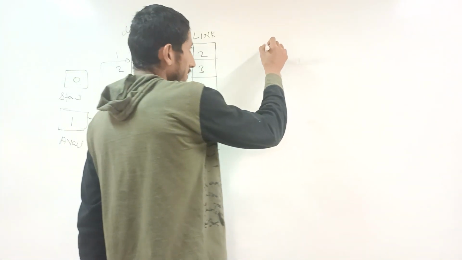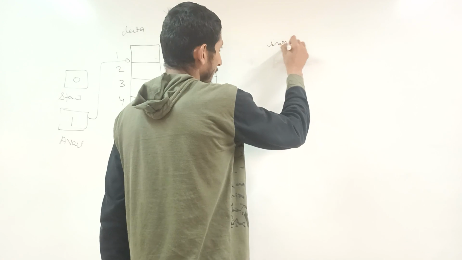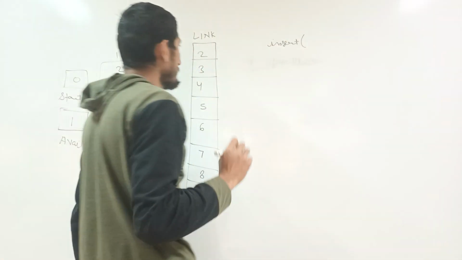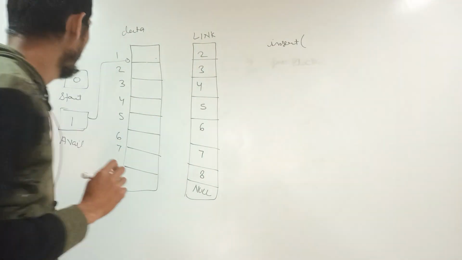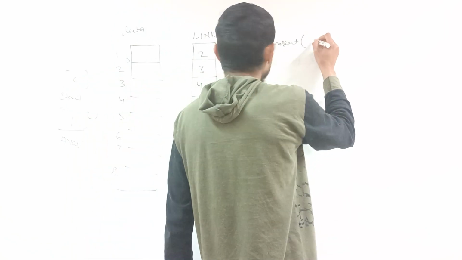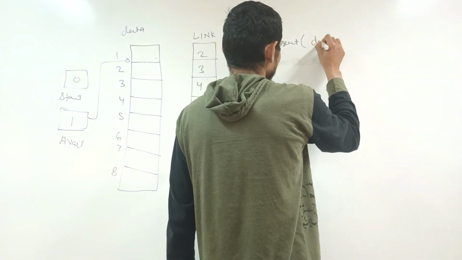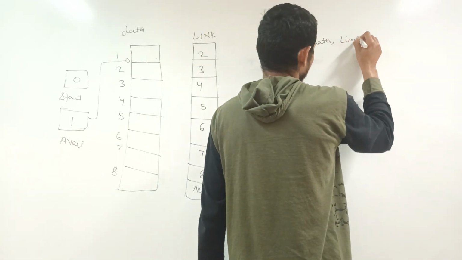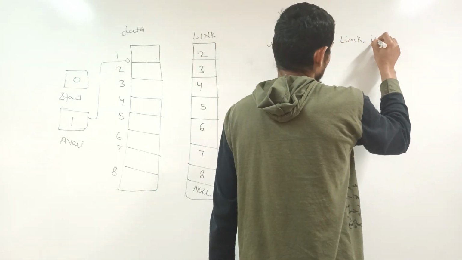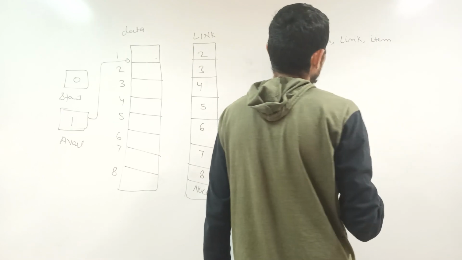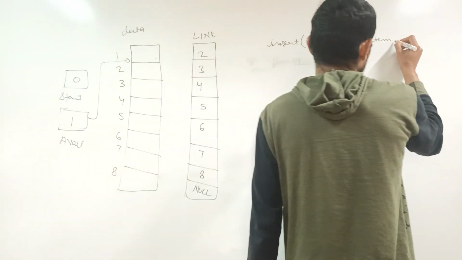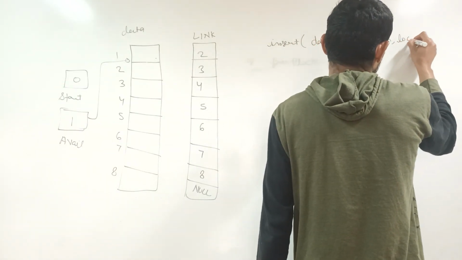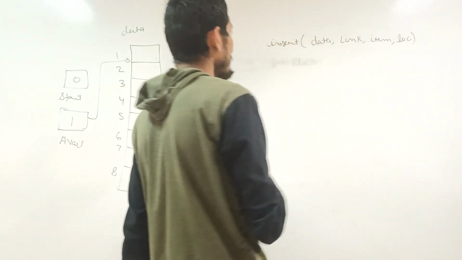The name of the algorithm is insert. What are the parameters? Data is an array. Second, link is an array. Then an item we have to insert, and LOC. Are you following this?